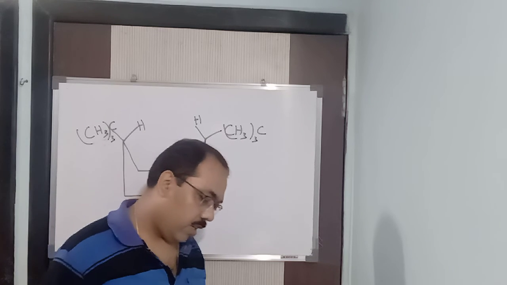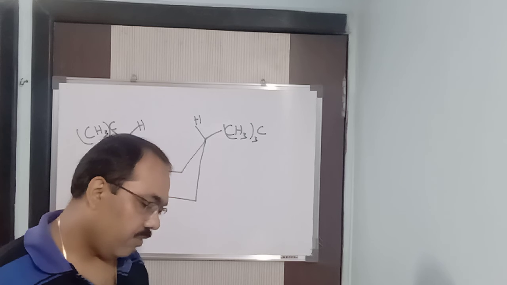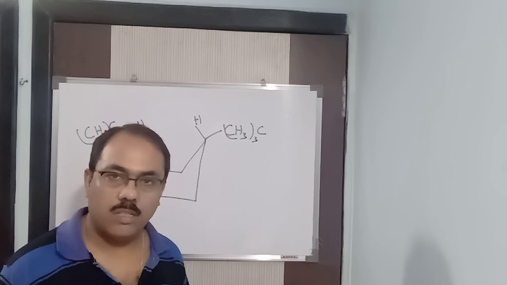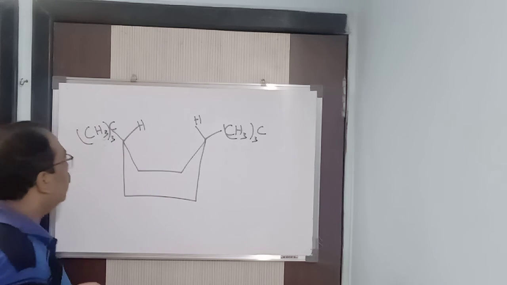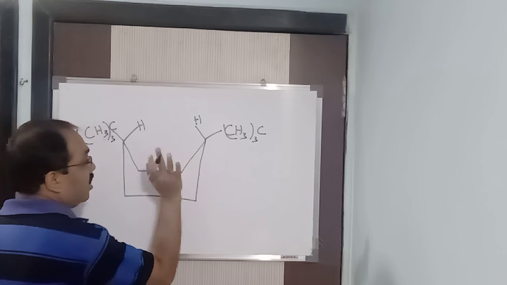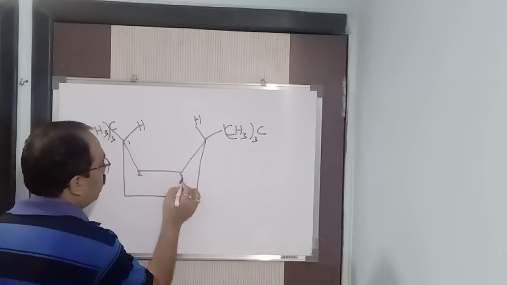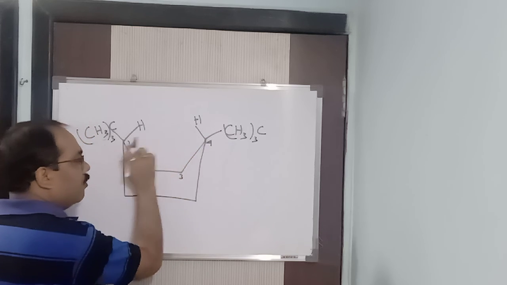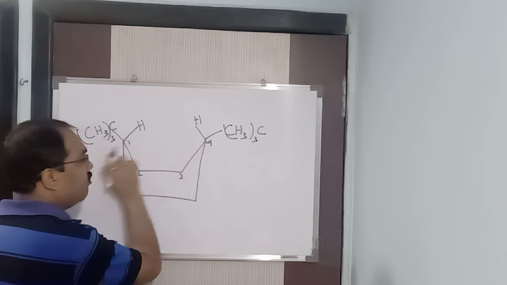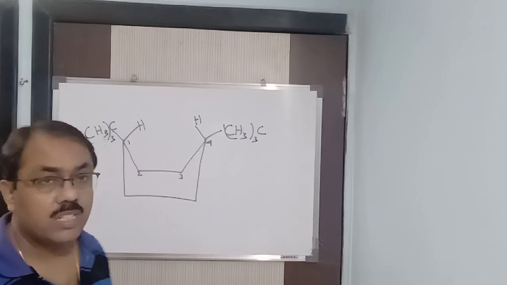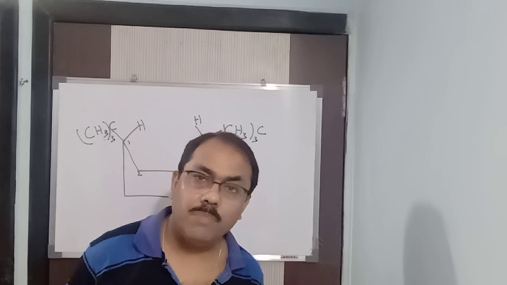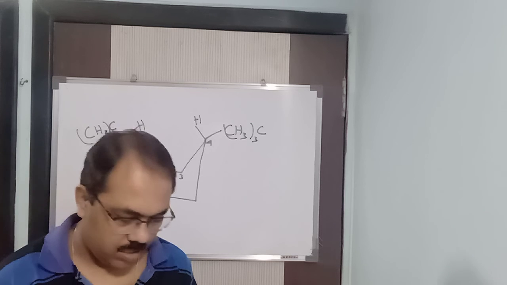So in the boat conformation, the preferred conformation is if there is a bulky group at the first and the fourth position. First and fourth. 1, 2, 3, 4. If the bulky groups are present at the first and the fourth position, then it is said to be stable. It is considered to be a preferred conformer. Got it? In this way.